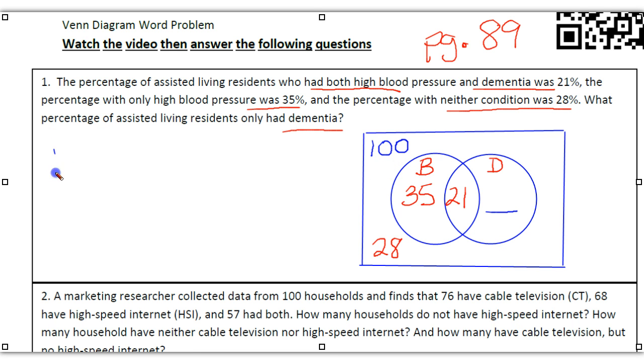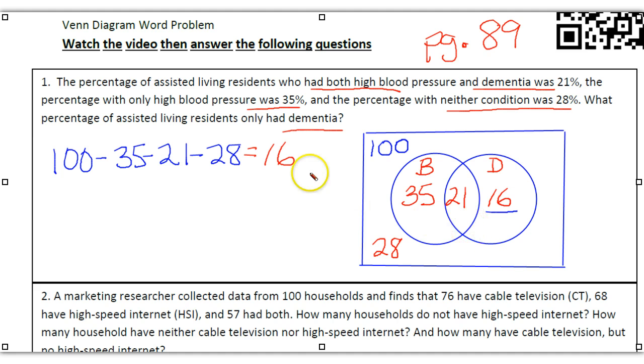So let's try that. 100 minus 35 minus 21 minus 28. See what you get. So this equals 16. So those with only dementia were 16. And you get to see it and the thinking behind it, and this is something you can do.